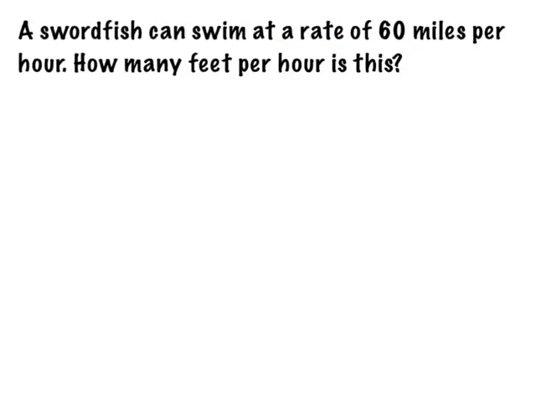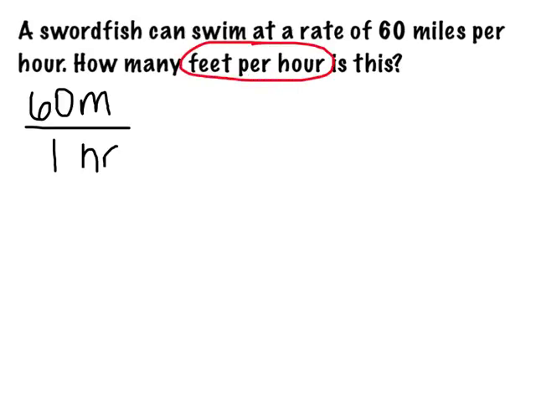Let's try another example. A swordfish can swim at a rate of 60 miles per hour. How many feet per hour is this? So first, let's write our unit rate. 60 miles per hour, so over 1 hour. Now let's identify the question that they're asking. How many feet per hour is this?